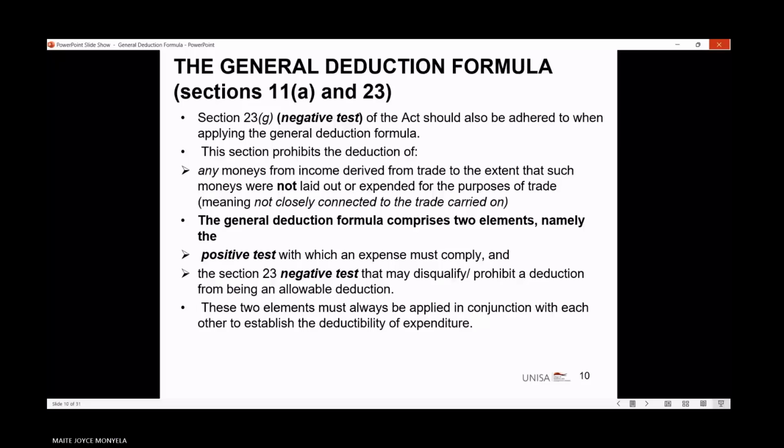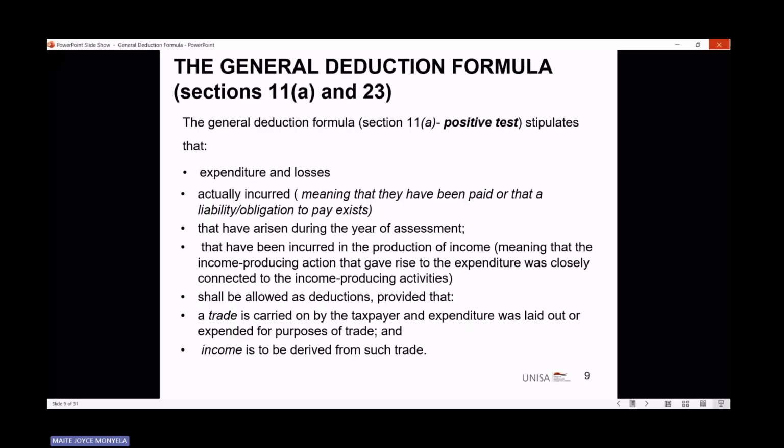So under these two slides, we have the negative and the positive under Section 11. Section 11A talks about the requirements of the general deduction formula. Under Section 23, we have the positive and the negative.